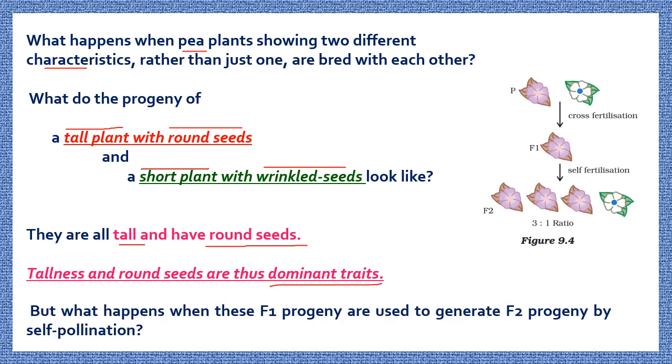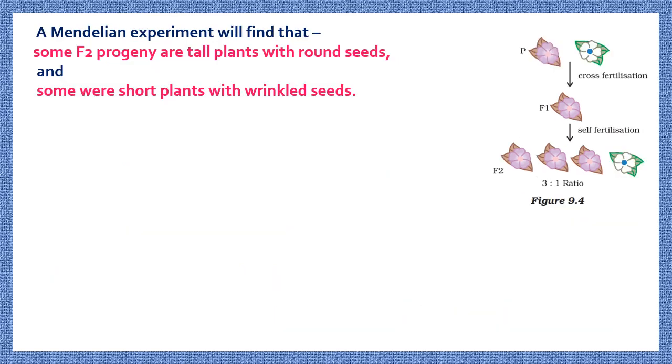But what happens when these F1 progeny are used to generate F2 progeny by self-pollination? Again, the same step we are going to do. The experiment will find that some F2 progeny are tall plants with round seeds, while some are short plants with wrinkled seeds, but the short plants with wrinkled seeds are only 1/4 part.